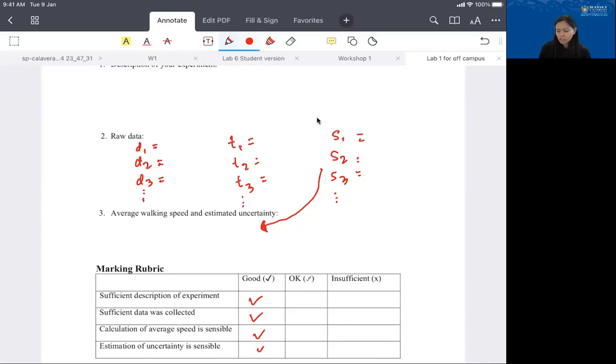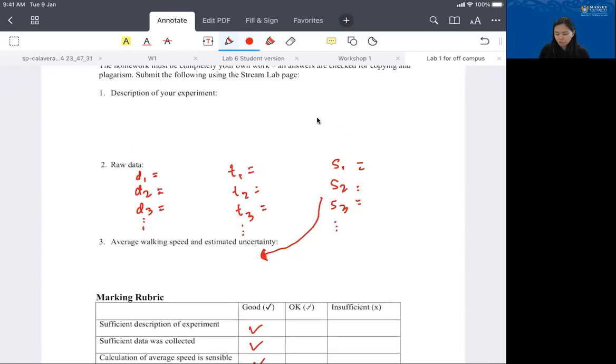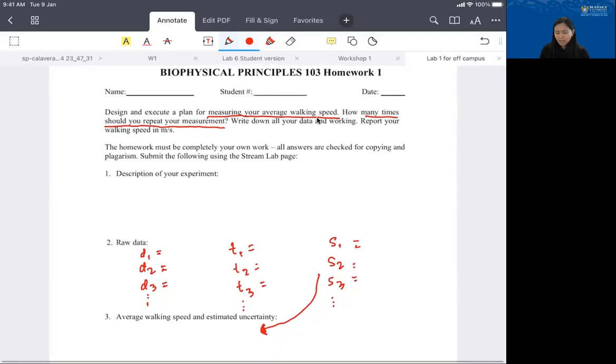So that's what you need to do for the first lab. And as I've said, if you need more detailed information about this lab, then you can head over to the stream site and watch the video.